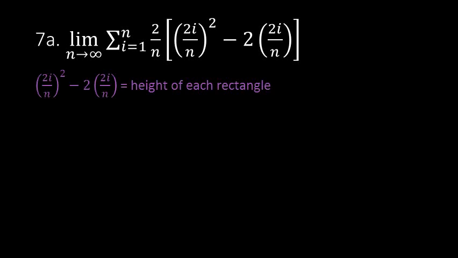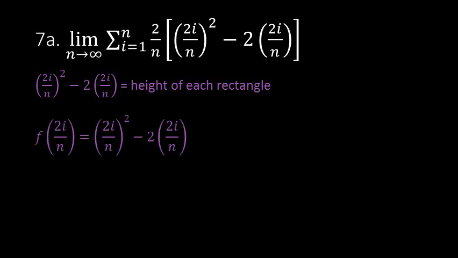The other part of the expression must be the height of each rectangle. Thinking back to how we found our answers for the first two problems, notice that the values we input in place of the x to find the heights were the width of the interval times i. So the inputs here must be 2 over n times i.